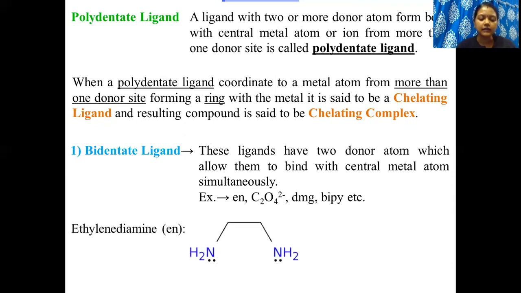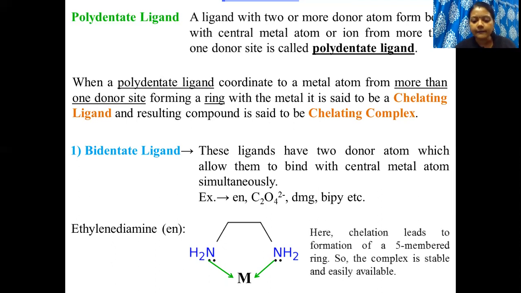Ethylene diamine or en has the structure NH2CH2CH2NH2. Here two nitrogen atoms have lone pairs of electrons by which they donate to the metal and form the bond. By bonding they form a five-membered ring which is very stable.